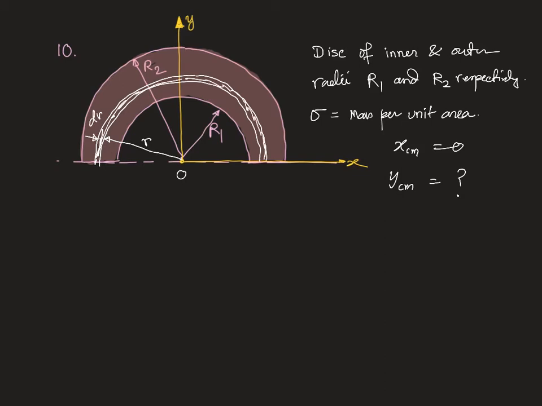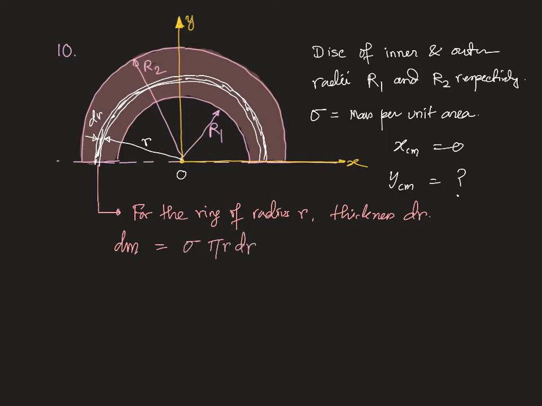So for the above semicircular ring shown here, for the ring of radius r and thickness dr, what is dm equal to? Dm is equal to sigma times pi r dr, that is the area.